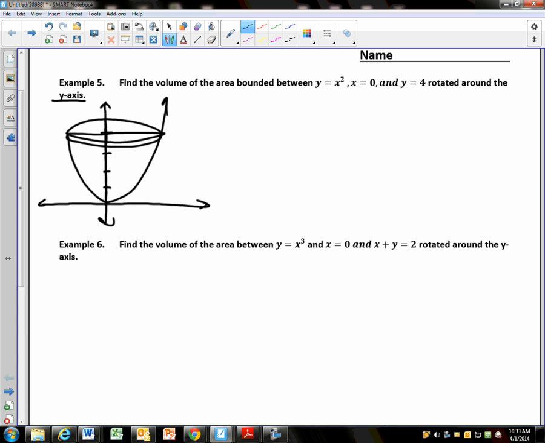The idea is when I slice it, I got to get the same type of shapes all the time. You wouldn't want to slice it like that, would you? Because whatever shape we get, we wouldn't know the area of it. But if we slice it like this, then we're going to get this kind of shape.